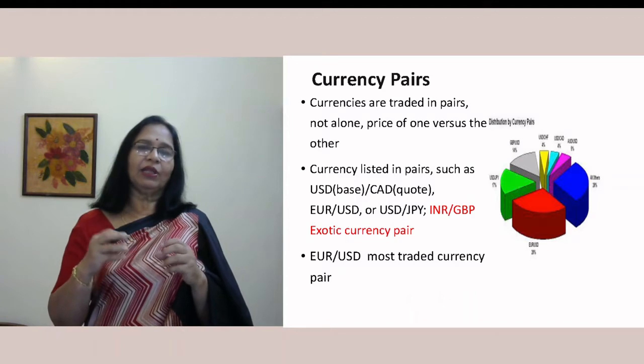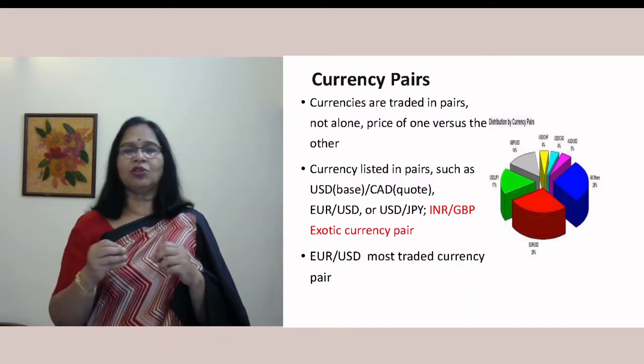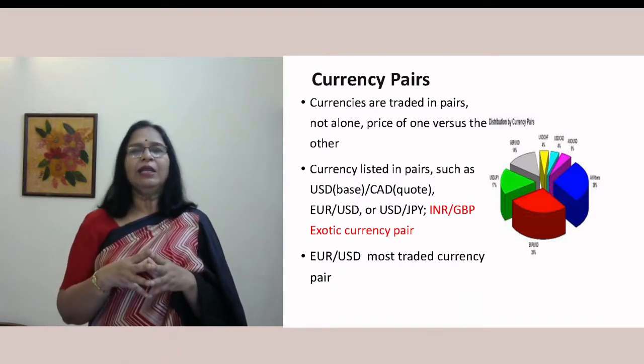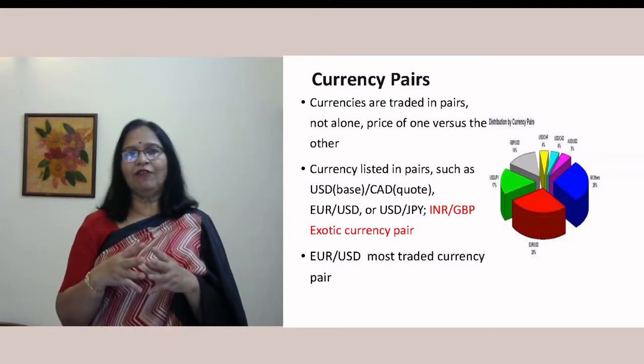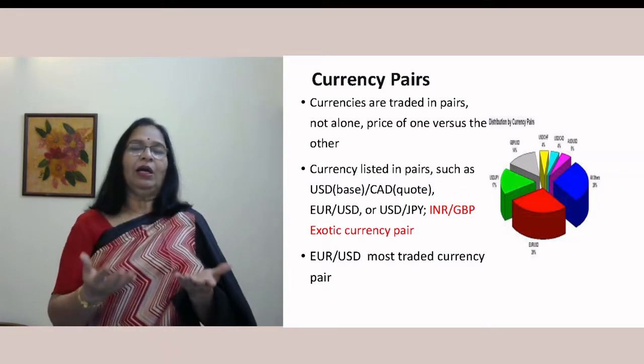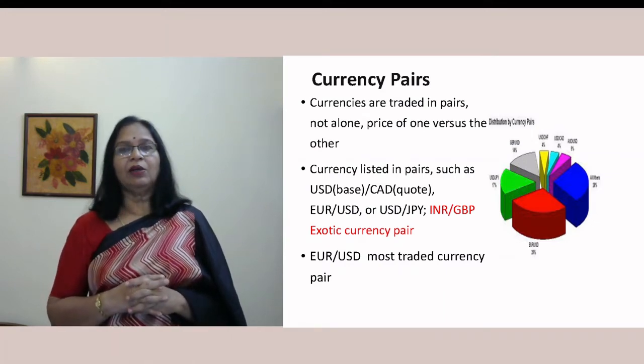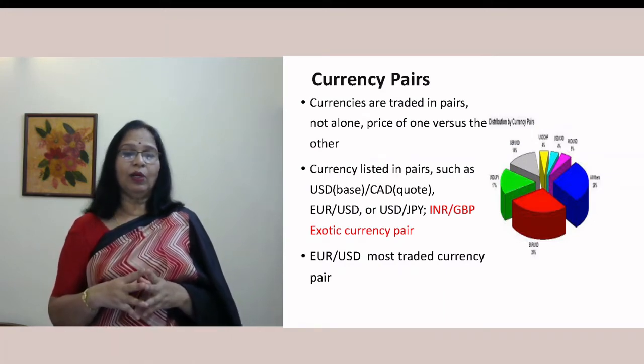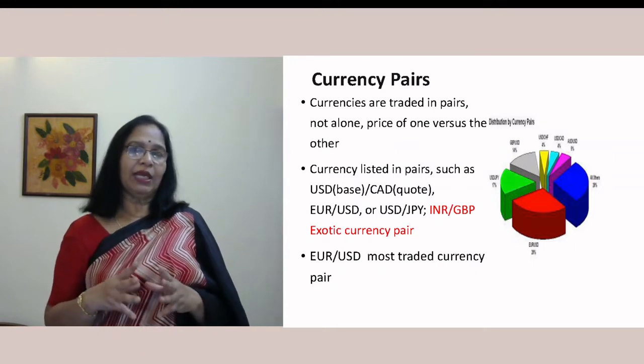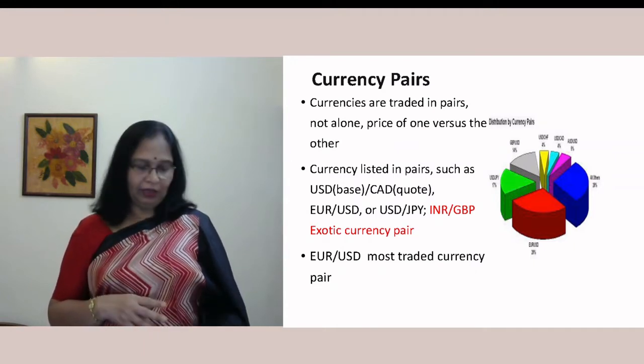Indian currency with any other established currency is called an exotic currency pair, simply because countries like India, which are developing economies, when paired with a developed country, form an exotic pair. And of the currencies traded in the world, the Euro USD is the most traded currency pair in the world.